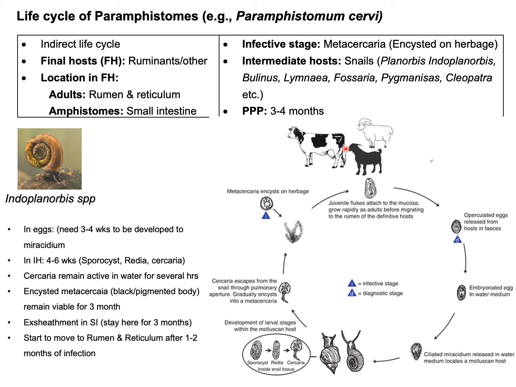But if you want to know more information about the life cycle of Paramphistomum cervi, after releasing the eggs through feces, there will be development of miracidium by 3 to 4 weeks. And later on, these operculated eggs will hatch out to release miracidium in the water body, and immediately they will look for the snail host, and when they get a snail host, they will penetrate it, and there will be development of sporocyst, redia, and cercaria.